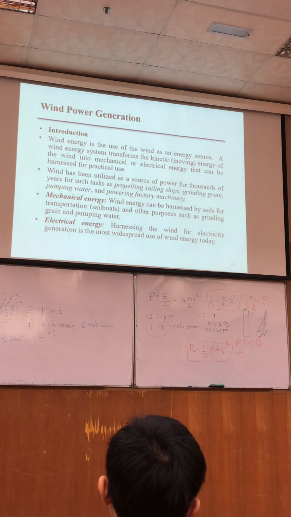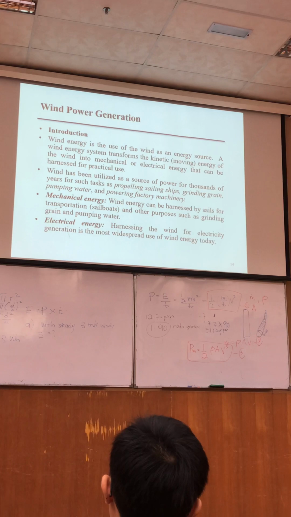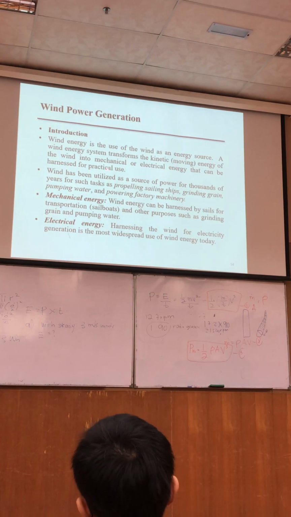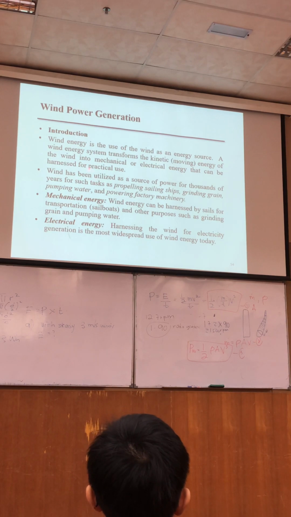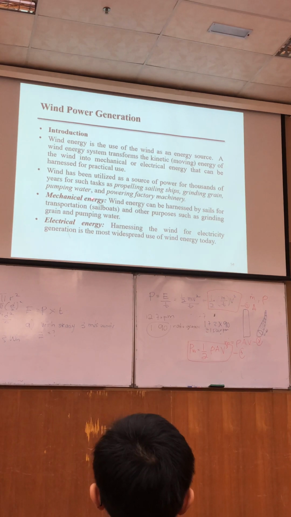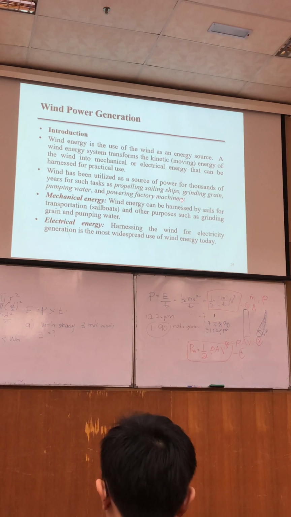Okay, wind energy. The use of the wind as an energy source. A wind energy system transforms the kinetic moving energy of the wind into mechanical or electric energy that can be harnessed for practical use. The wind has been utilized as a source of power for thousands of years for tasks such as propelling sailing ships, grinding grain, pumping water, and powering factory machinery.